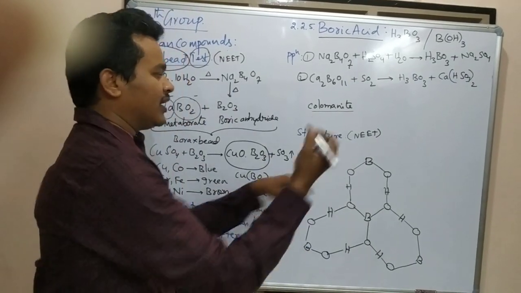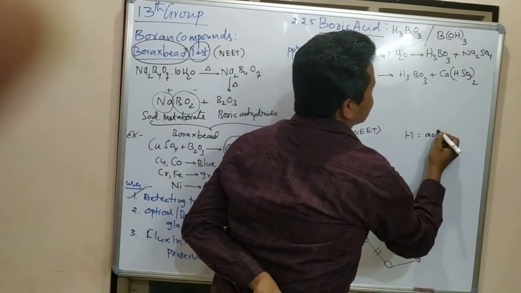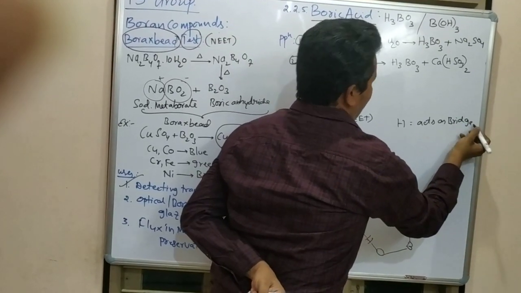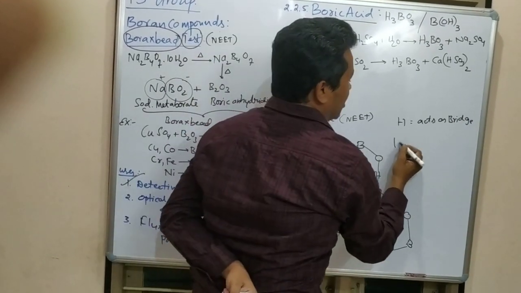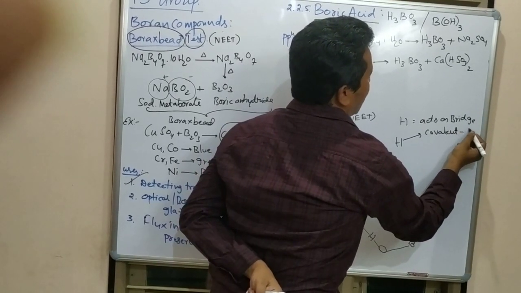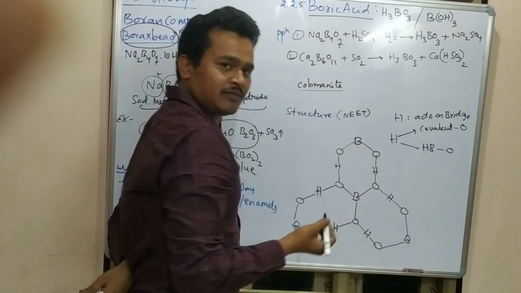And the other one, hydrogen acting like a bridge here. See, first one, hydrogen acts as a bridge. One hydrogen can form one covalent bond with oxygen and one hydrogen bond with the other oxygen.